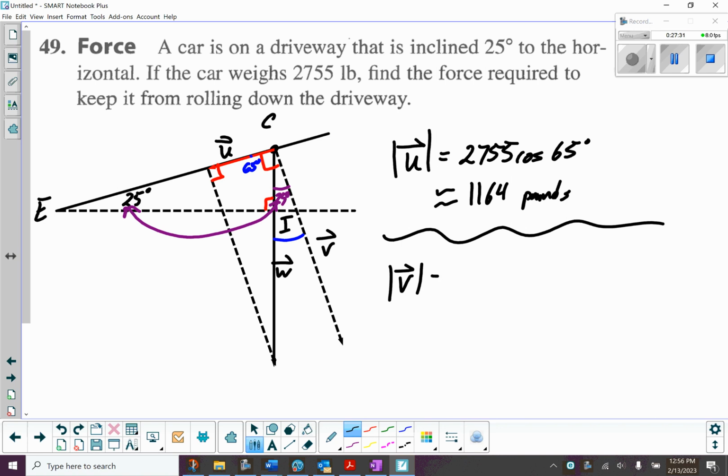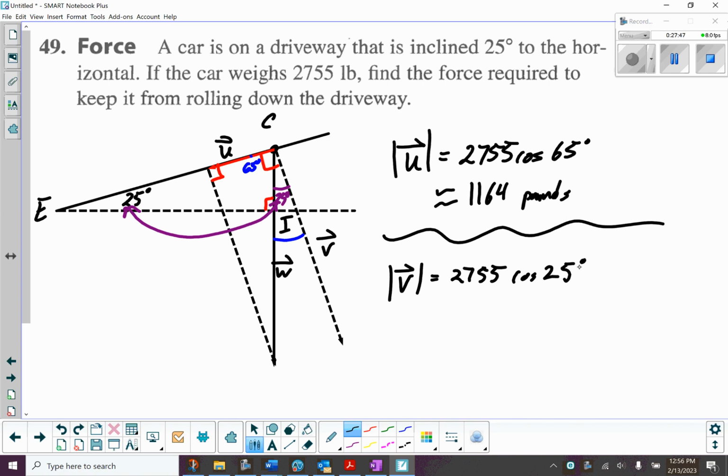So for vector v, 2755 times the cosine of 25 degrees this time. And yes, that's the way it's going to work out every single time.